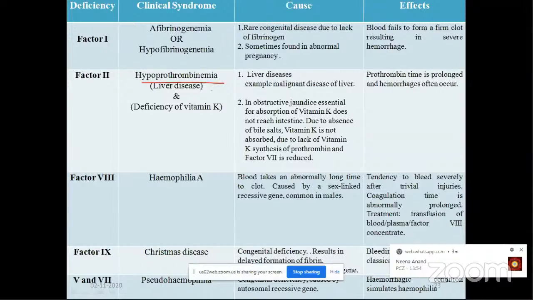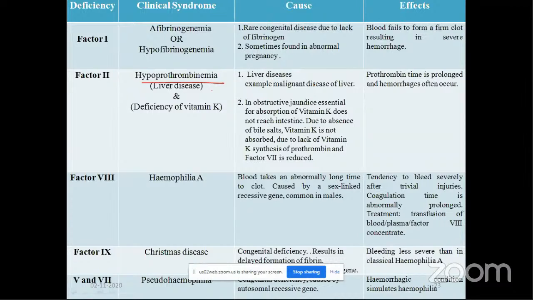One is liver disease. As I told you, most of the clotting factors are synthesized within the liver, and any type of liver disease, it may be liver cirrhosis, malignancy of the liver, or even a condition wherein the liver is fatty, fibrinoid, etc.